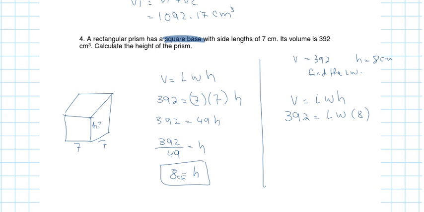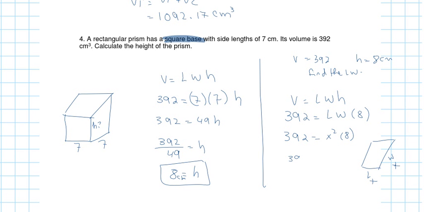Because it's a square base, that means they have the same dimension. So I can do this, because this here and this are the same. Instead of calling them L and W, I can call them whatever you want. You can call them X and X, so that becomes X squared. So 392 equals X squared times 8, and then you're going to divide by 8.